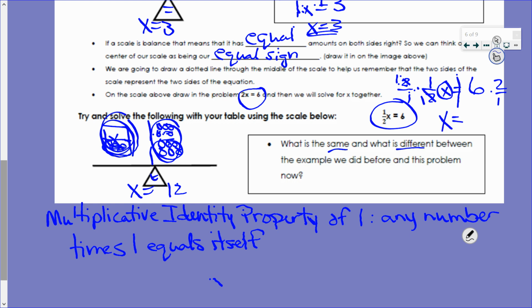On my other side, 6, I now have a fraction. I need to put it over 1. Nothing to reduce by. 6 times 2 is 12. 1 times 1 is 1. 12 times 1 I know is 12. So that algebraically is how we solve what we did in the model.